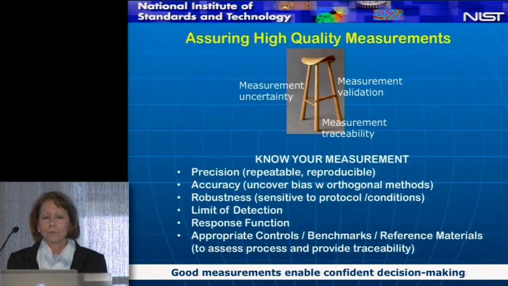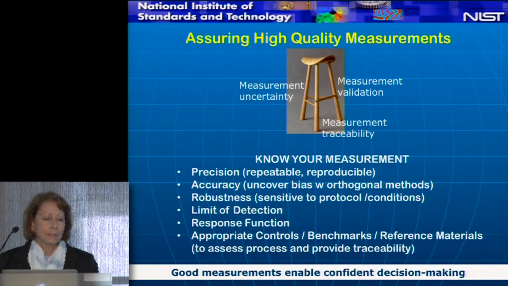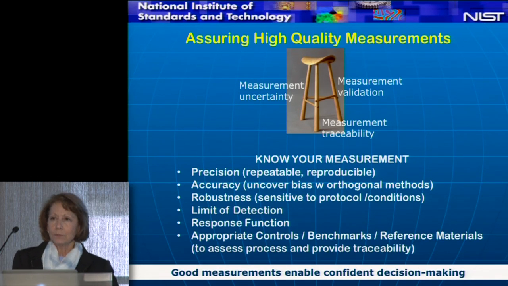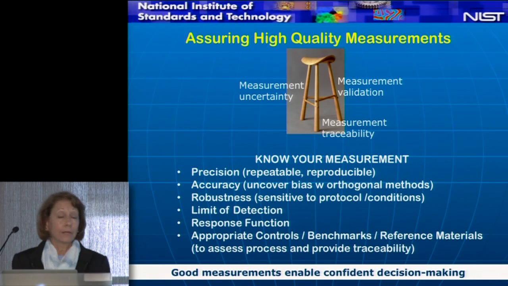Accuracy is another thing, because accuracy says that not only can this laboratory get the same answer as that laboratory, but the answer is actually correct. It's actually meaningful, and so that's a little harder to do in biology. A lot of times, one of the best ways of testing accuracy is to use orthogonal methods.